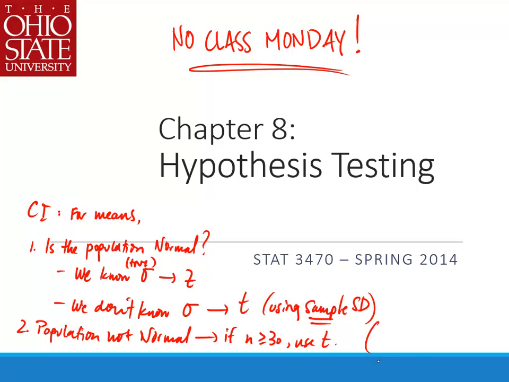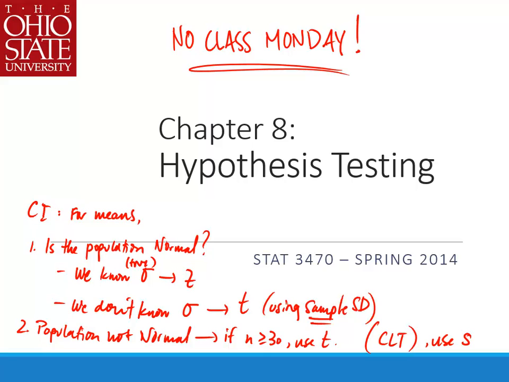If your sample size is bigger than 30, then the central limit theorem kicks in, and the t distribution is fine to use as well. In that case, you're going to use the sample standard deviation S; that's what's in that formula.